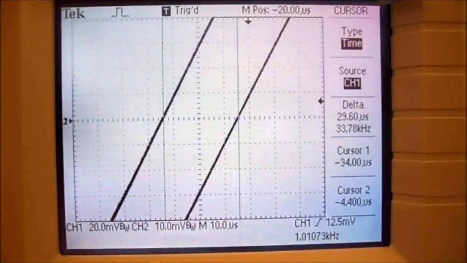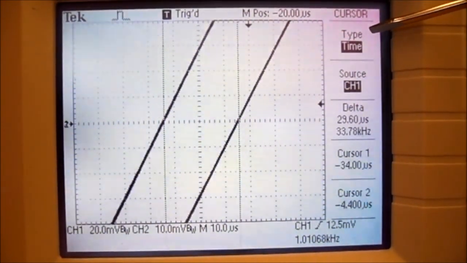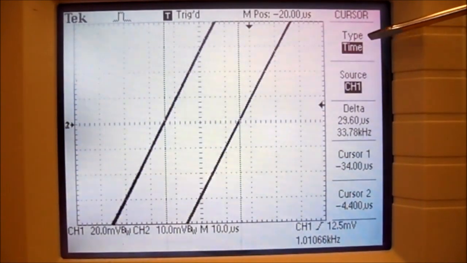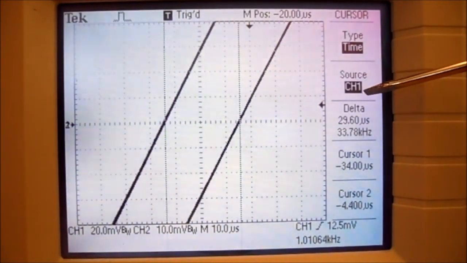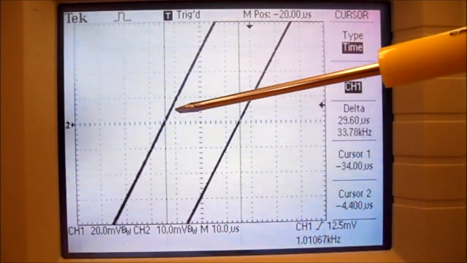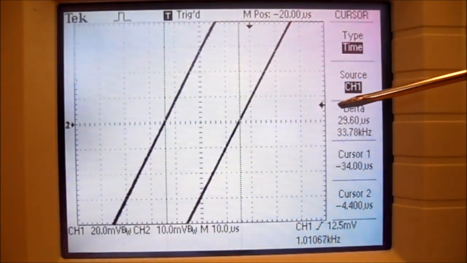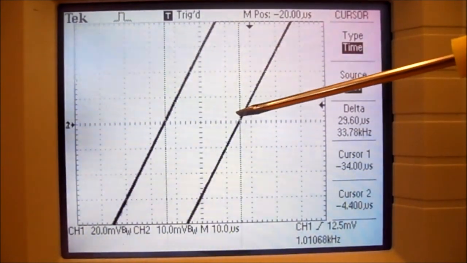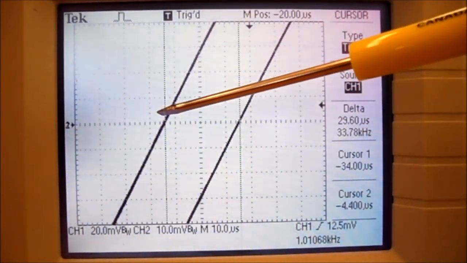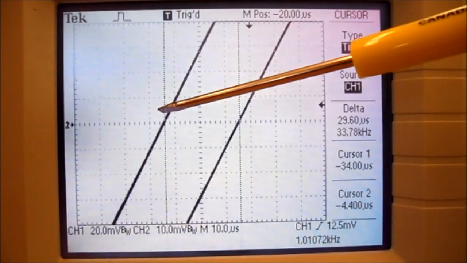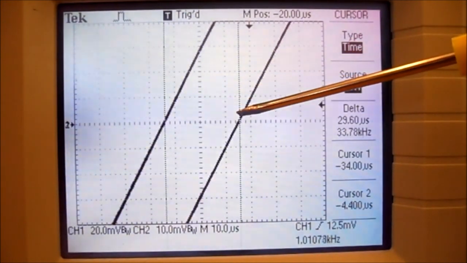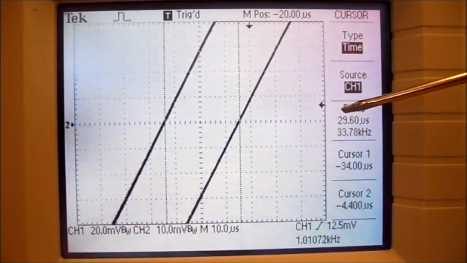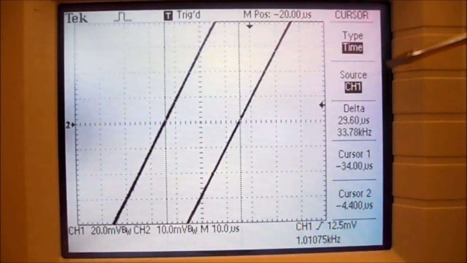I've now got the cursors set to type time. The source is channel 1, and my delta between the two waveforms is 29.6 microseconds. And because my output waveform is on the left-hand side of my input waveform, it's plus 29.6 microseconds.